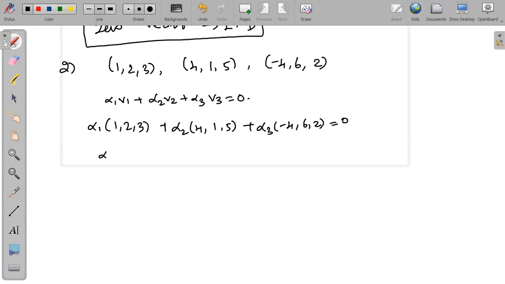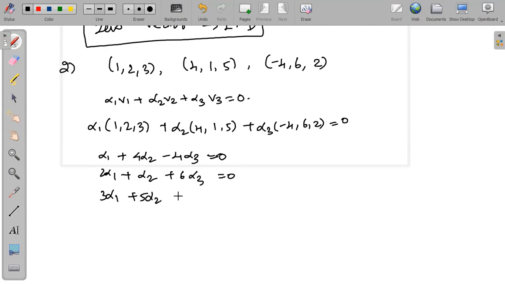And in this way you can write alpha 1 plus 4 alpha 2 minus 4 alpha 3 equals 0. The second: 2 alpha 1 plus alpha 2 plus 6 alpha 3 equals 0. And the third: 3 alpha 1 plus 5 alpha 2 plus 2 alpha 3 equals 0.